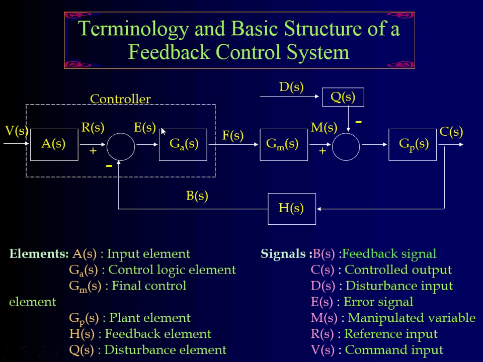And then inside this block in here, we take this error, and this becomes the compensator or control system. So that's another word we use. Compensated system means that you have some sort of a control block in there.